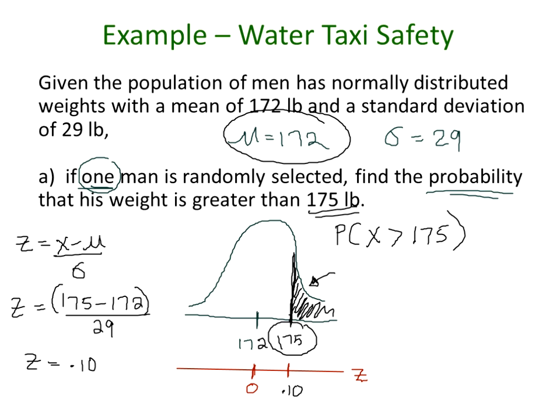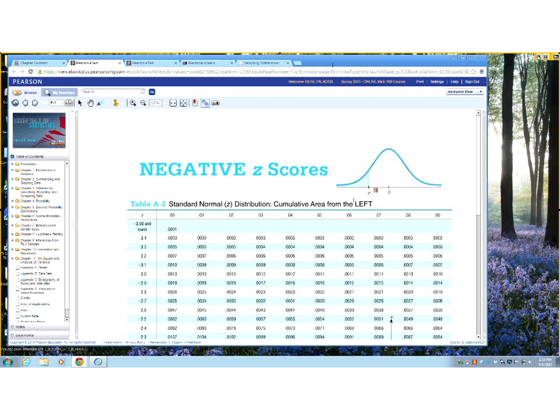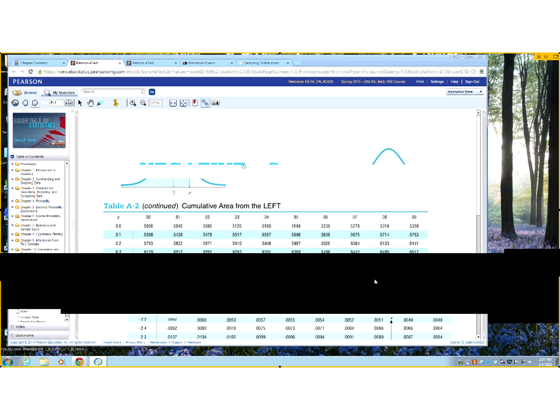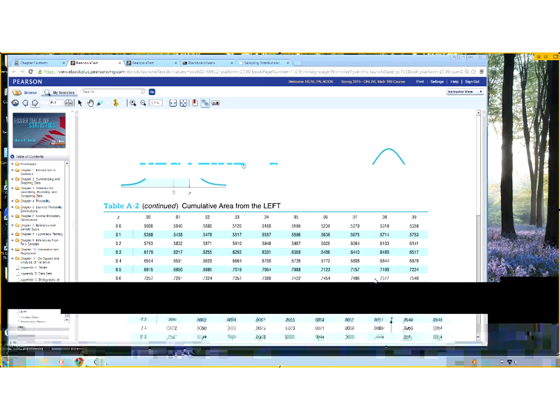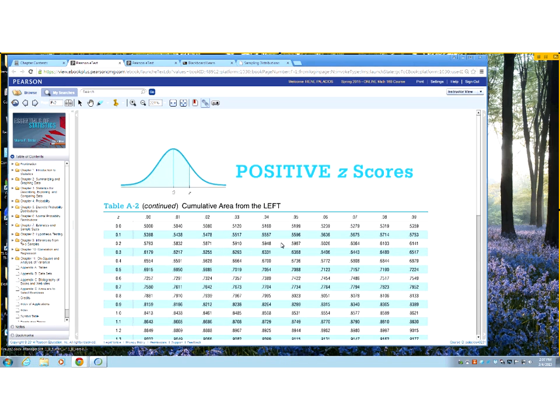Okay, so now that I have a z-score, I can use table A2. So you're going to look up the z-score of 0.10. And 0.10 is a positive number. So when you look it up, what do you get for the area?